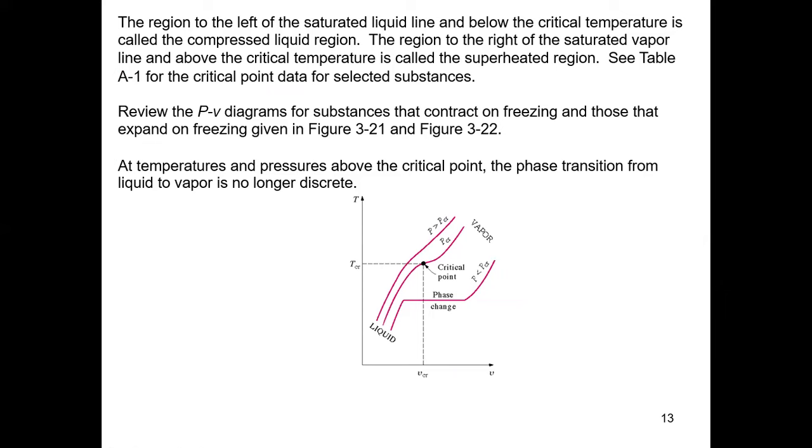PV diagrams for substances that contract on freezing and those that expand on freezing are given in figures 3.21 and 3.22. At temperatures and pressures above the critical point, the phase transition from liquid to vapor is no longer discrete. So they indicate the critical point.